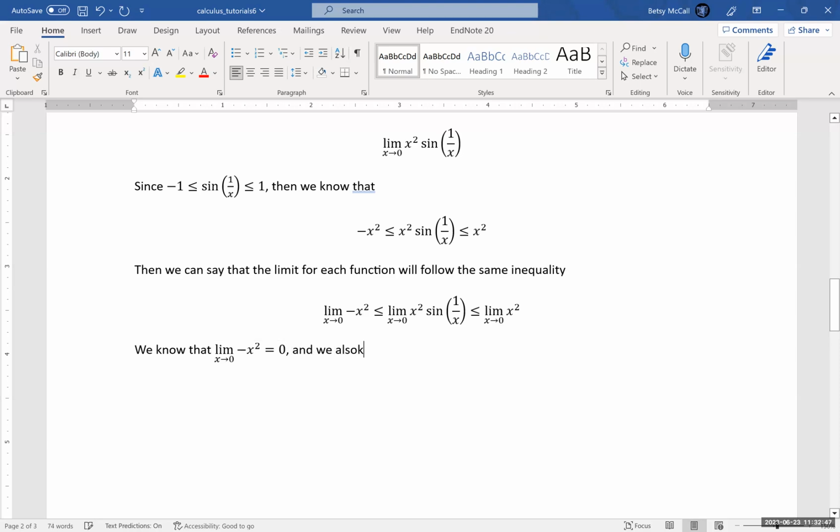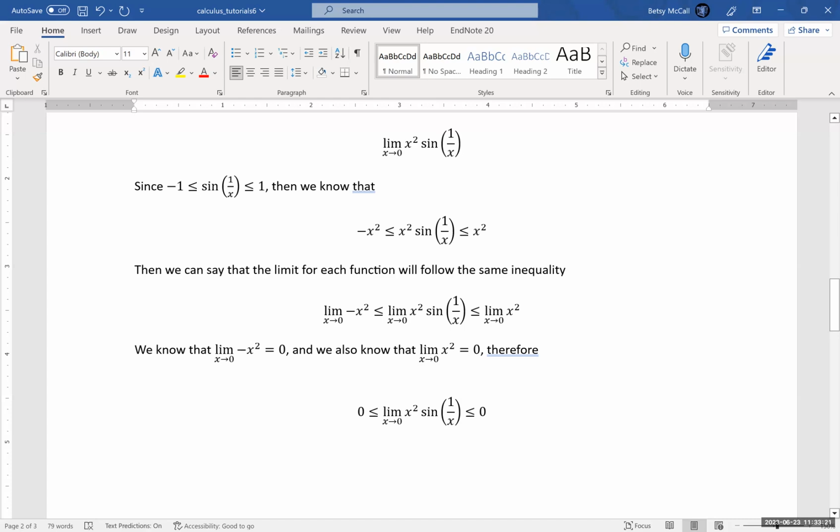And we also know that this limit is equal to 0. Therefore, we can take our double inequality and replace both sides with 0.